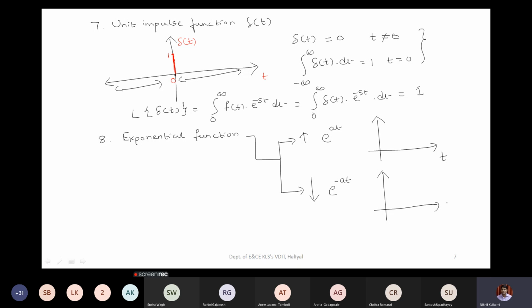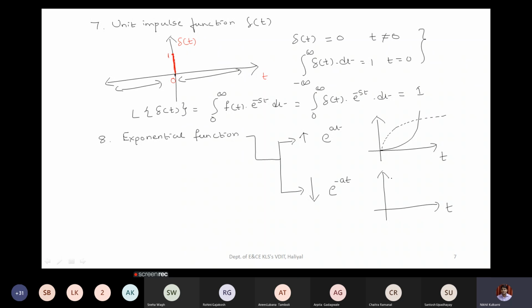With respect to t, consider the exponentially increasing function. It means as you go towards higher t, the amplitude increases. It can be given like this or represented like this.